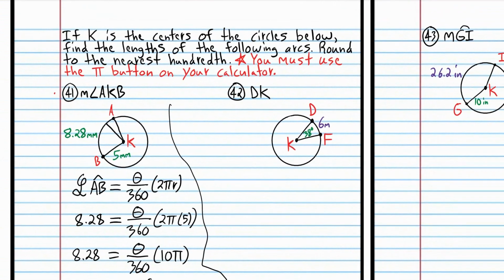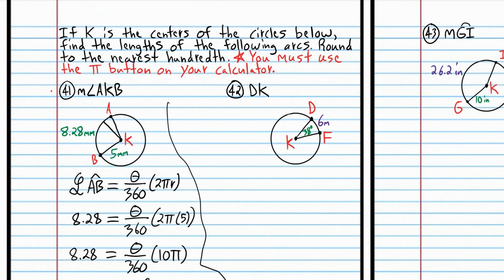Alright, let's try another problem. We're looking for dk. Now dk is a radius, so in this case they give us an arc length, 6 meters, and we know that's an arc length because it has a unit of length, and we're given the central angle. So let's write down the formula.